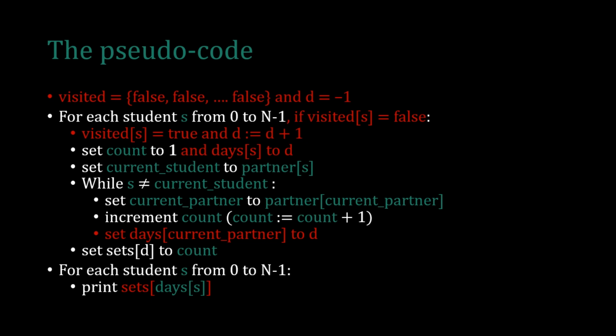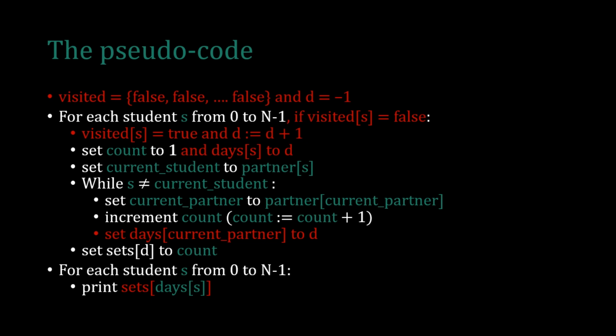And d equals -1, because if we find someone who's been visited, then we only increment it. So if we increment -1, we get 0. I want to start at set 0. Then we count days[s] equal to d, because days won't be the number of days, but which set this person is in.